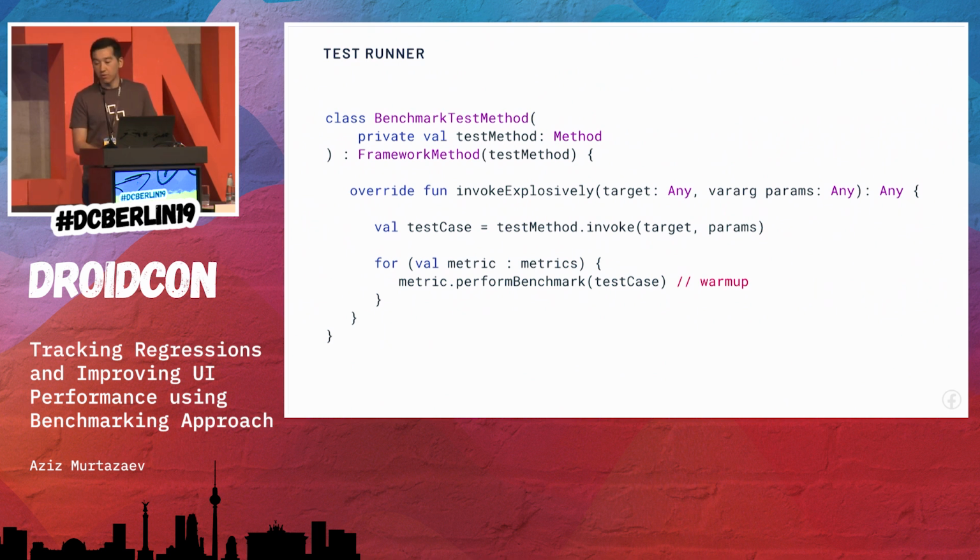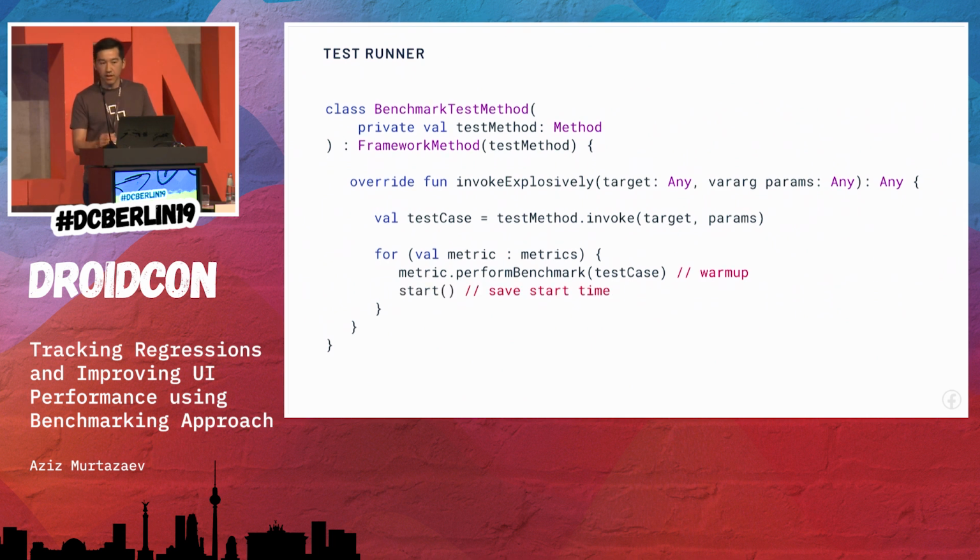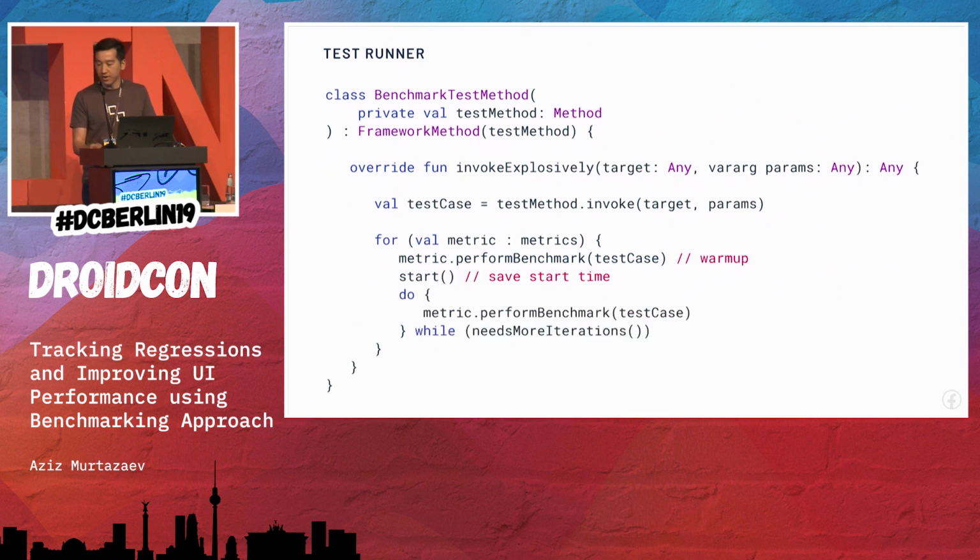So we need to warm up those caches or initialize all these singletons. Then we save the start time, and then we iterate and call perform benchmark many times. You can either fix the iterations by a fixed number or by some timeout. It's very hard to know what is a good number to iterate.